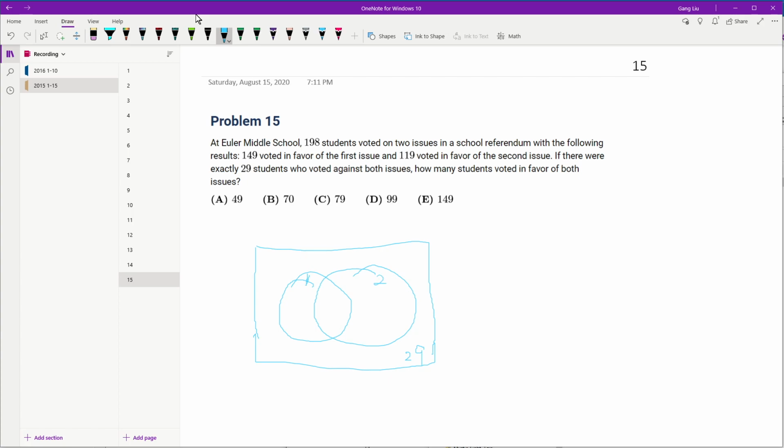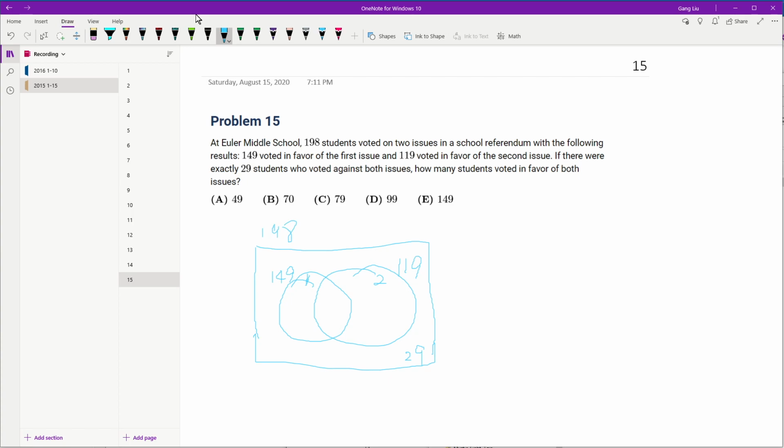This is issue 1, this is issue 2. And issue 1 has 149 votes, including the overlapped portion, issue 2 has 119, and there are a total of 198 students.